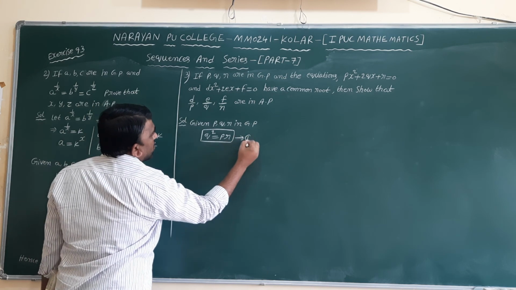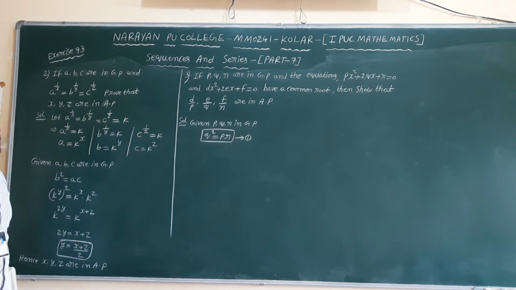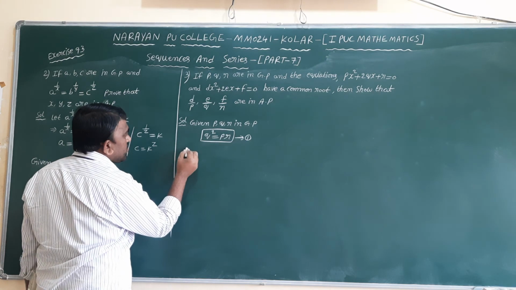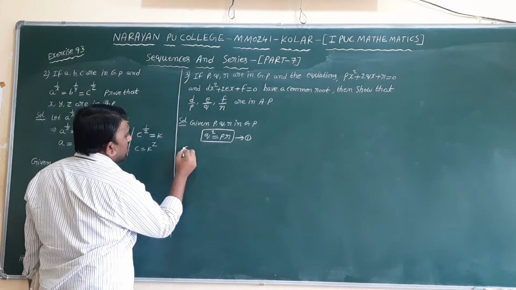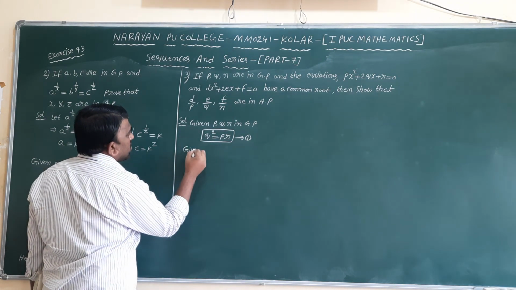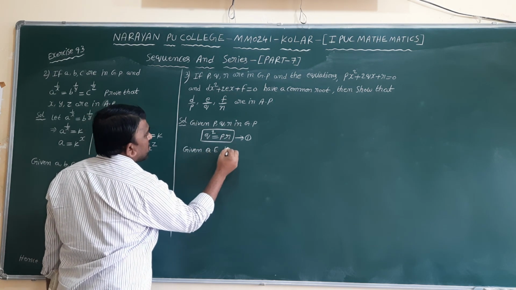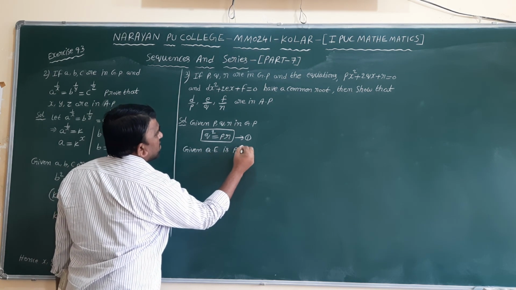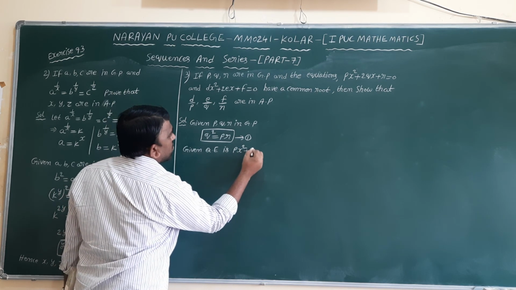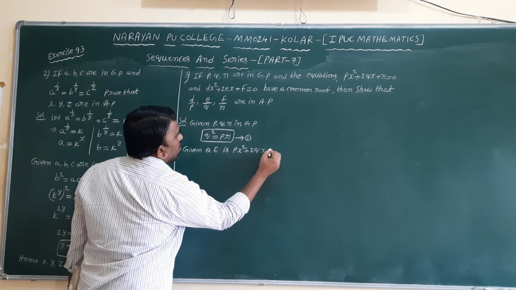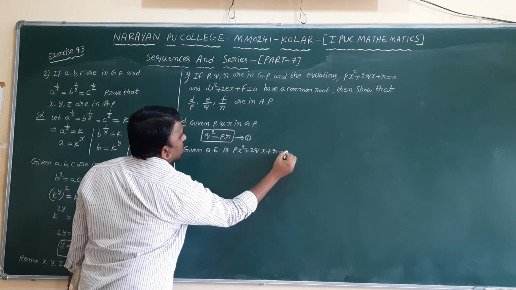Let's call this equation 1. Next, take the first equation, px square plus 2qx plus r equal to 0.